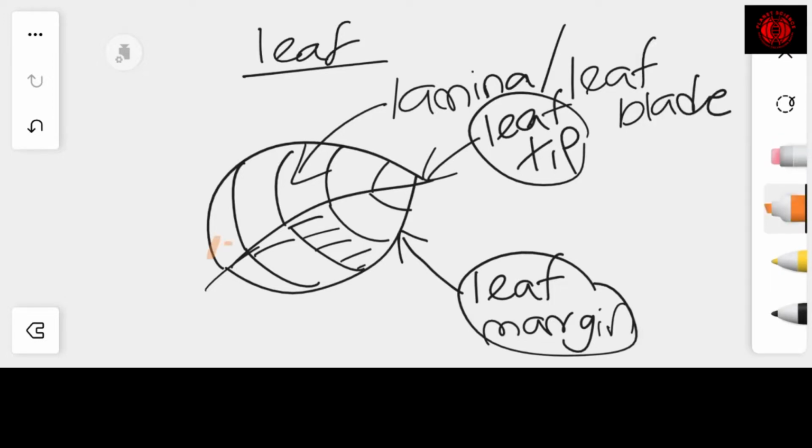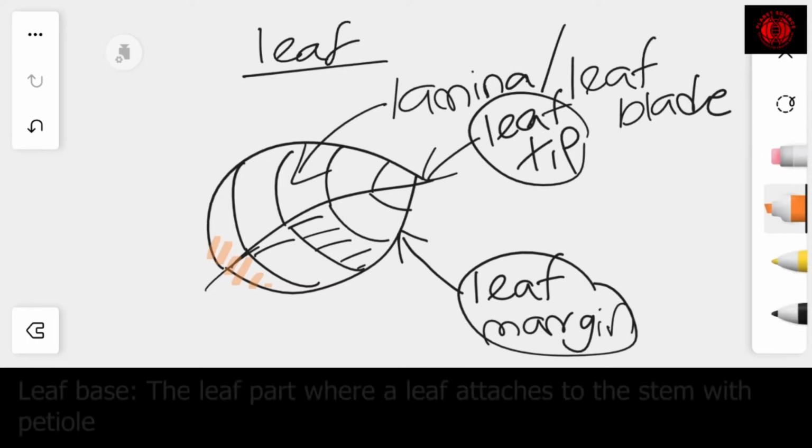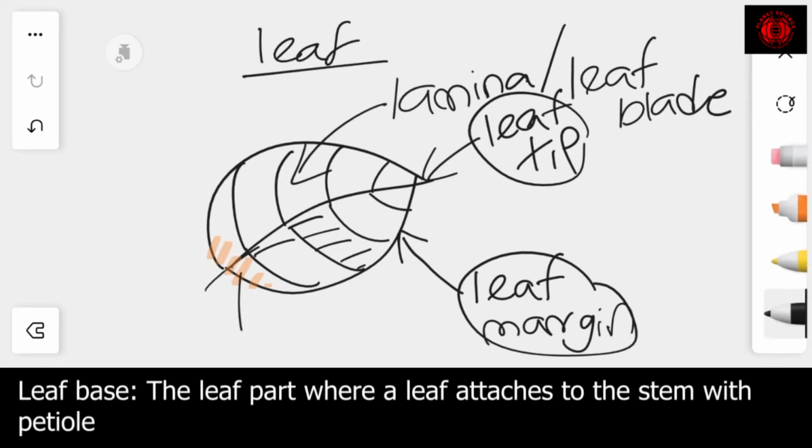And this area, we can identify and name as the leaf base. Don't confuse that. This is the leaf blade and this is the leaf base area, the basement of the leaf.